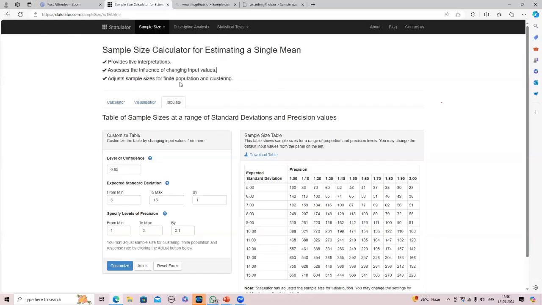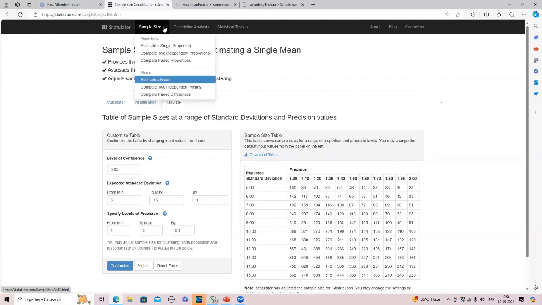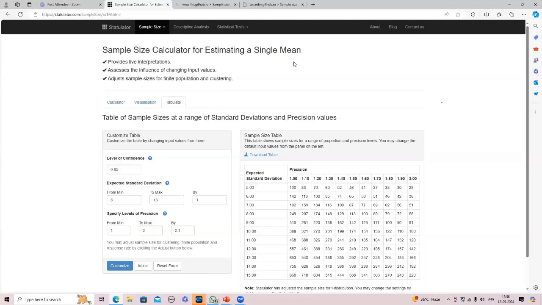Now, another topic is how to calculate sensitivity and correlation. This calculator is not calculating correlation and sensitivity, so in that case you have to take another form.